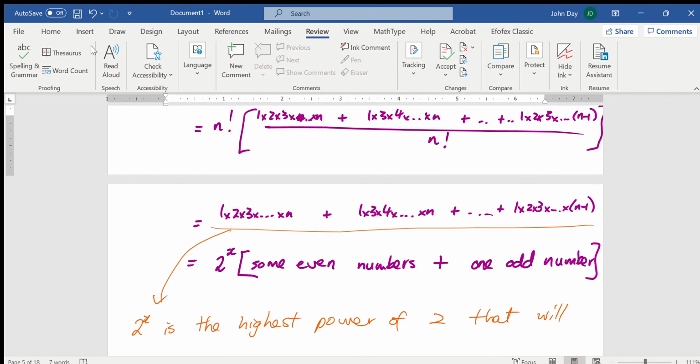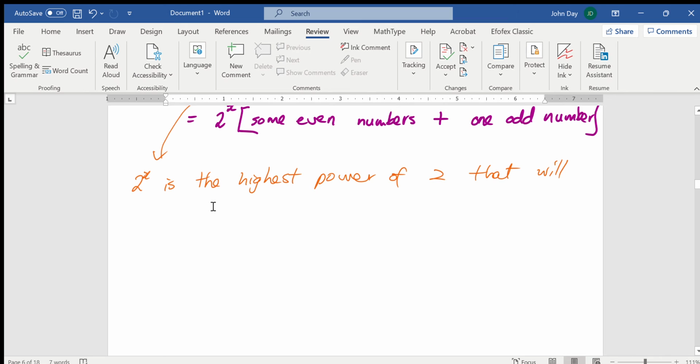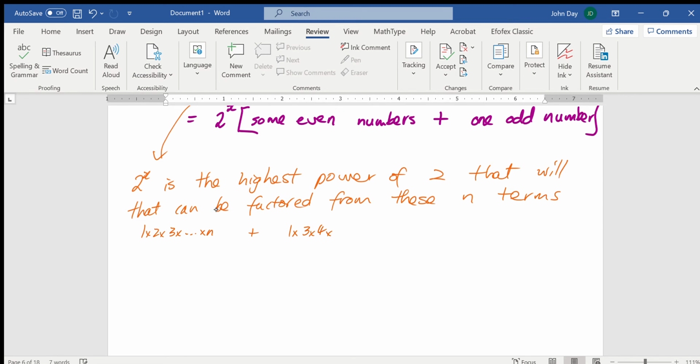That can be factored out of, sorry, I'm just trying to scroll. That can be factored from these n terms: 1 times 2 times 3 times up to n, and 1 times 3 times 4 times up to n, and so on, 1 times 2 times 3 times up to n minus 1.